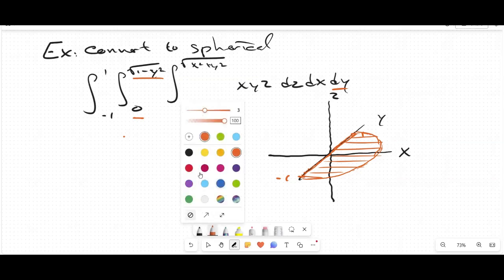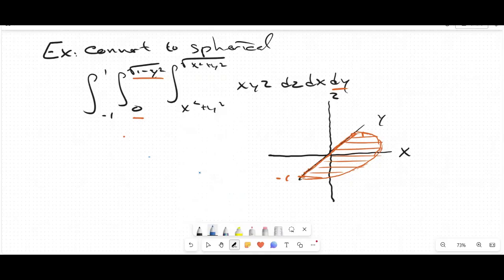And then z, what's the floor for z? x squared plus y squared. That's a paraboloid. It looks like this. I'll draw on this side. It goes up to there. And on this side, up to there. And then it's constant around the edge of the circle. That's the bottom.